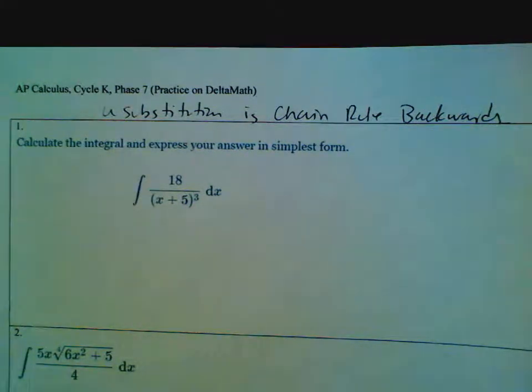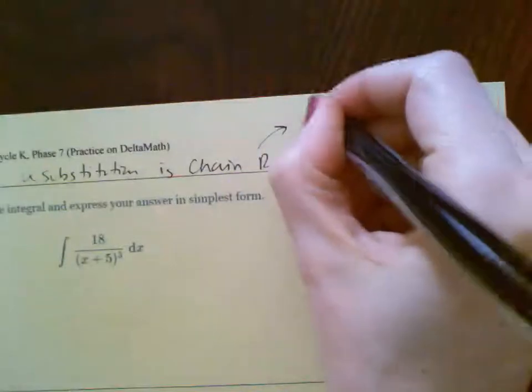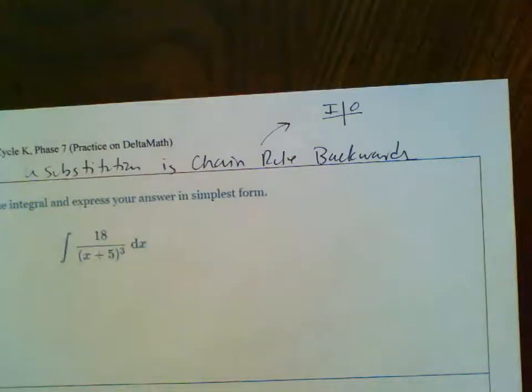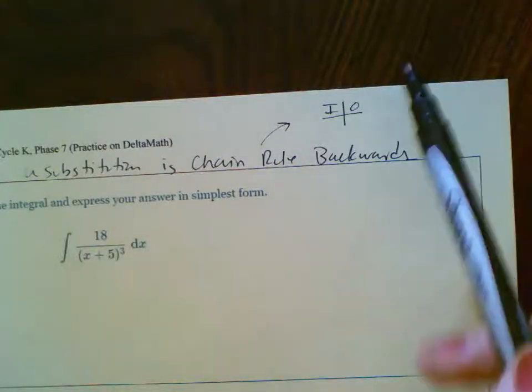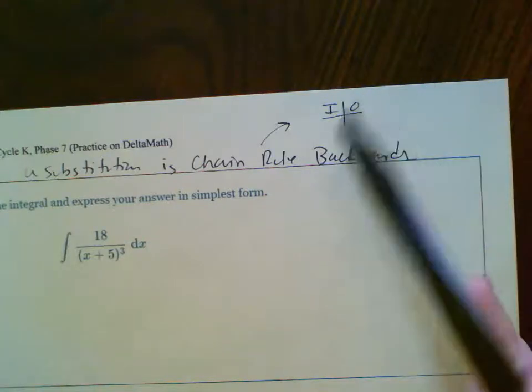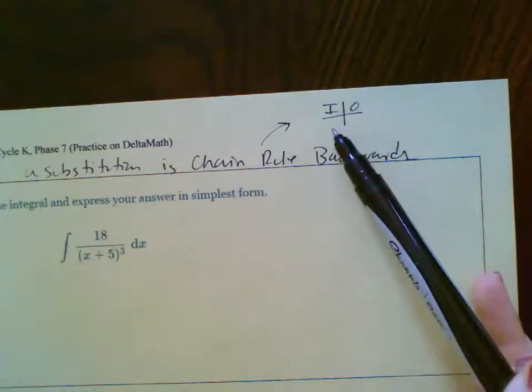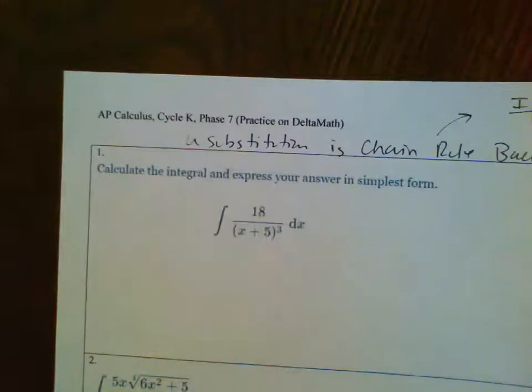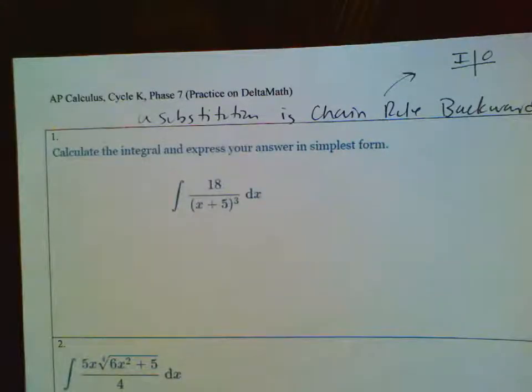And guys, when you're doing chain rule for derivatives, the key is figuring out the inside function. That's the big key. Same thing with U substitution: you just have to figure out what the inside function is, and then you let that be U.